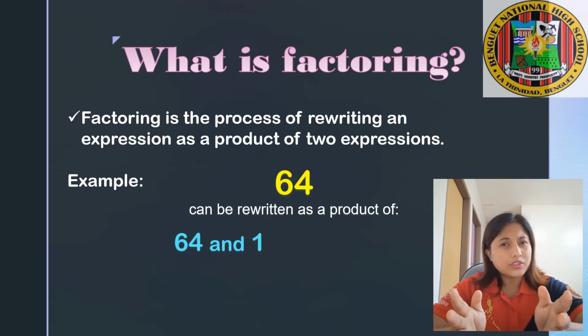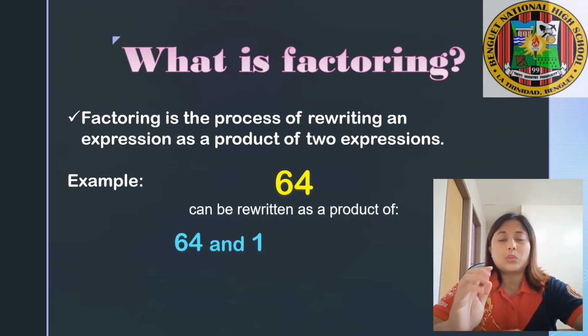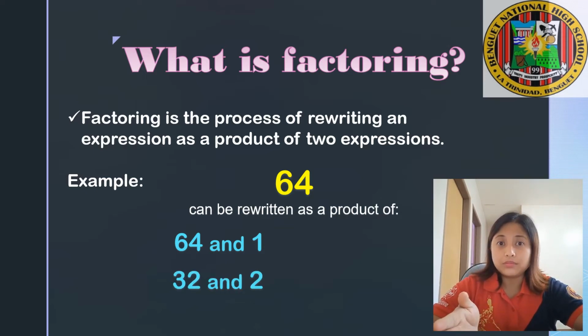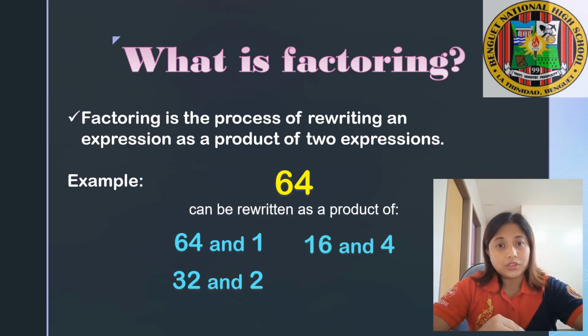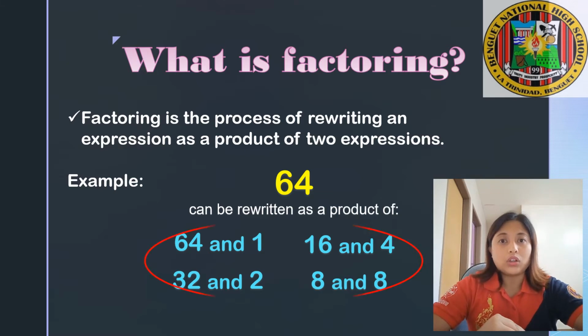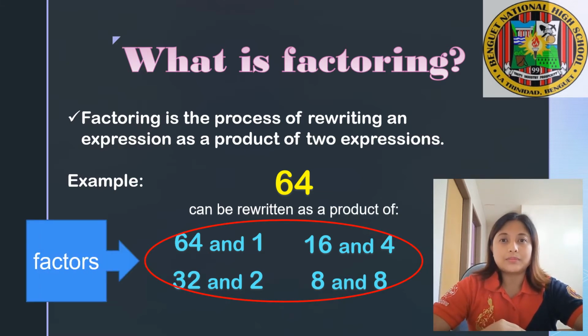What other numbers are there? We have 32 and 2, 16 and 4, and 8 by itself. When you multiply these pairs of numbers, they all have a product of 64, so they are what we call factors.